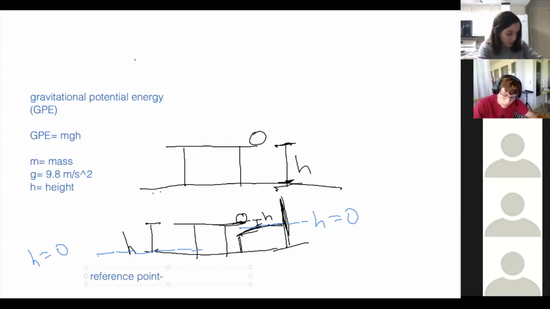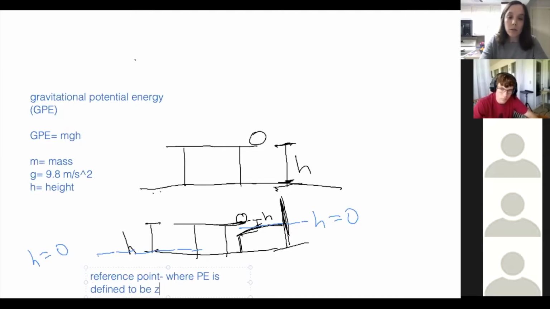A reference point is defined as the place where you have 0 height. And by definition, if you have 0 height, you have 0 potential energy because 0 times m and g is equal to 0. So PE is 0 when height is 0.